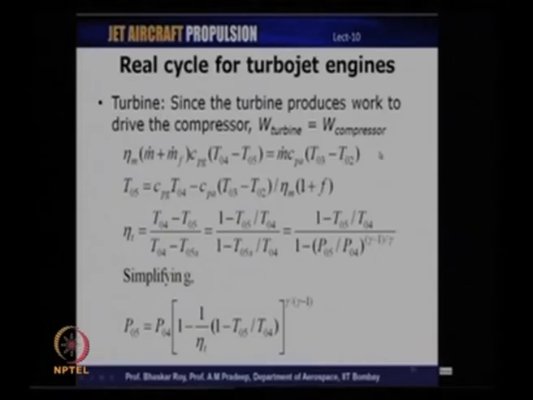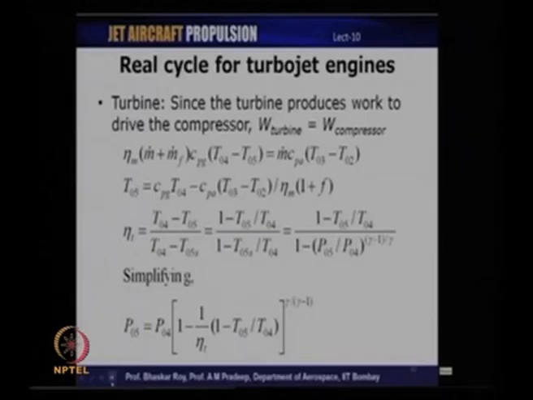If we simplify this, we can determine the stagnation temperature at the exit of the turbine. So, T05 is equal to T04 minus Cpa into T03 minus T02 divided by Cpg into mechanical efficiency multiplied by 1 plus F, where F is equal to m dot F divided by m dot A or m dot. This will help us in finding out the stagnation temperature at the turbine exit.